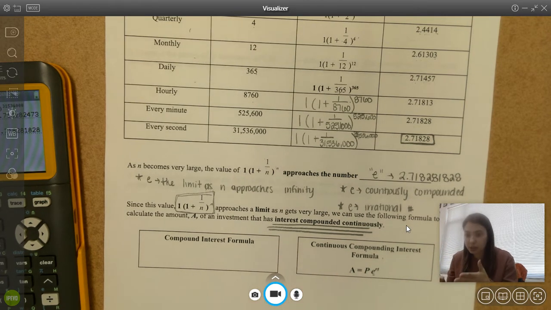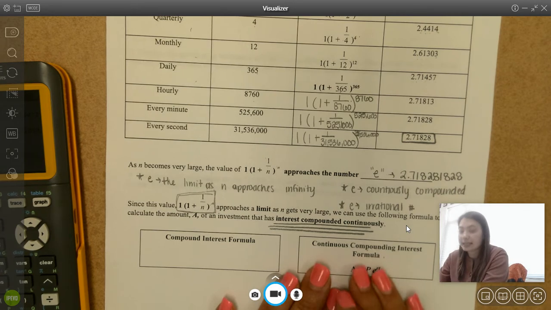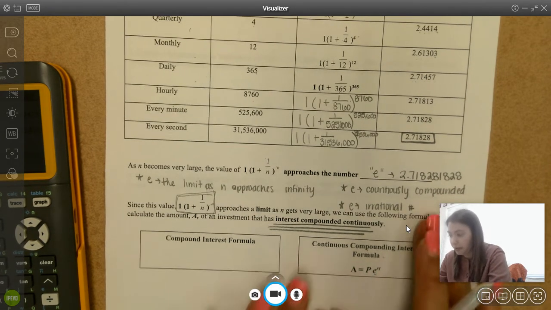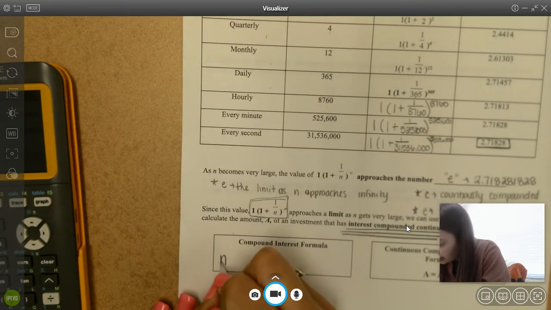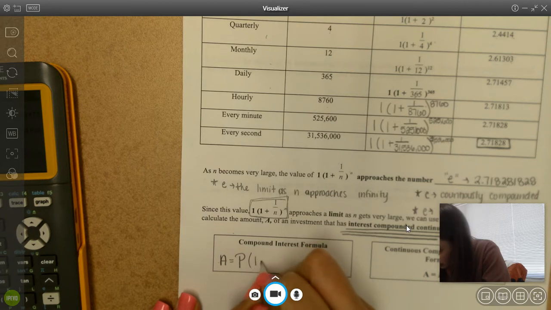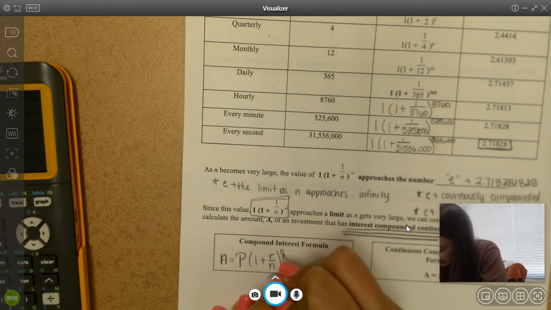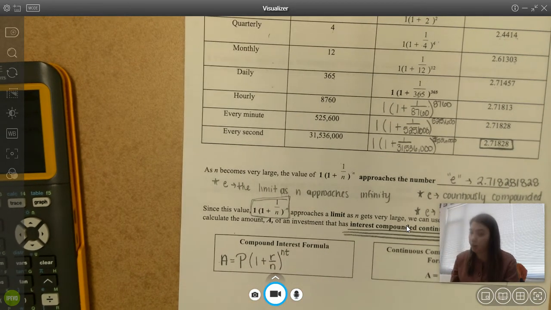So it is important to recognize that the compound interest formula that we were using last week and the beginning of this week is different than the continuous compounding interest formula. The formula that we were using last week was that A is equal to P times 1 plus R over N raised to the N times T power, right?